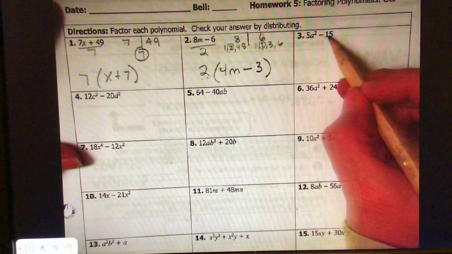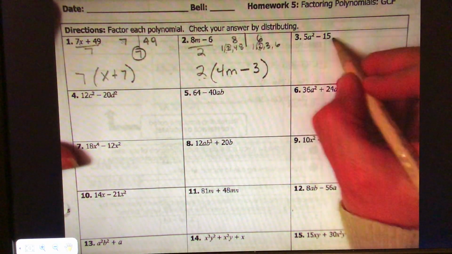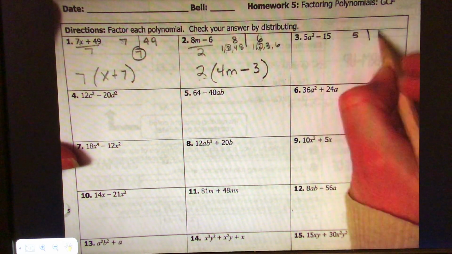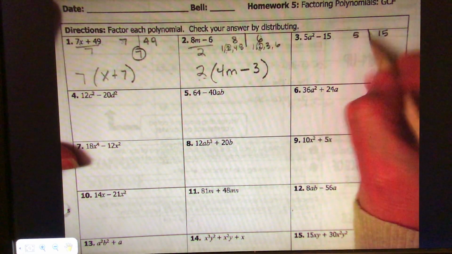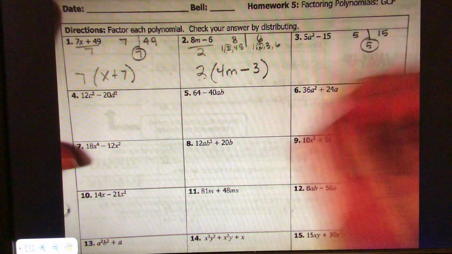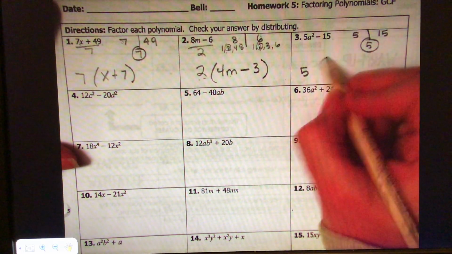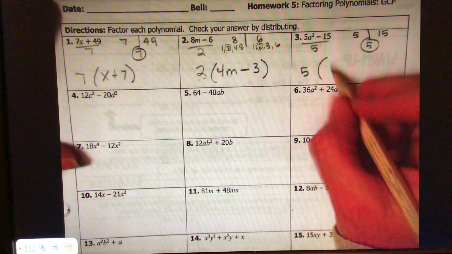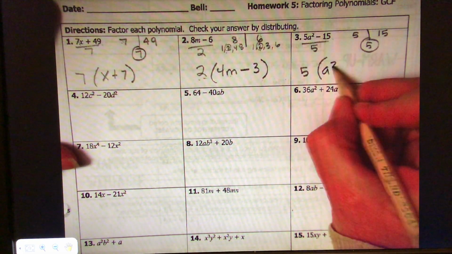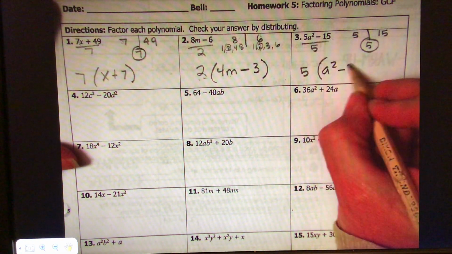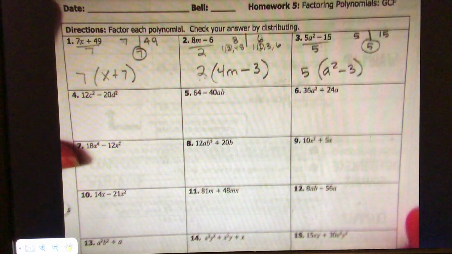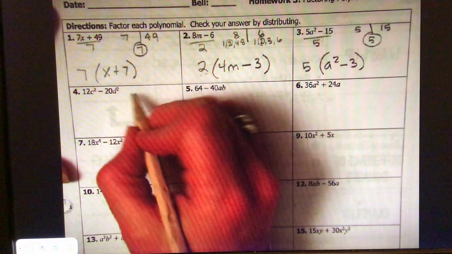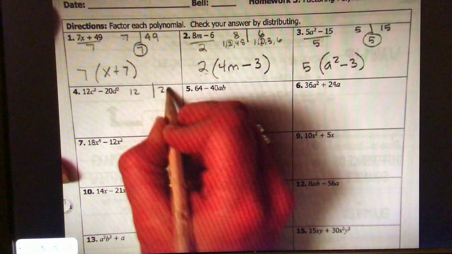5a squared, 15, okay, 5 and 15. I already know my greatest common factor is going to be 5. Stick it all over 5. 5a squared divided by 5 is a squared. 15 divided by 5 is 3. Number 4. I have 12. I have 20.